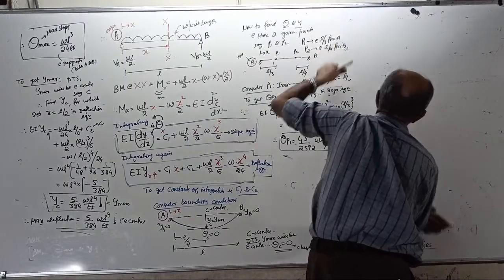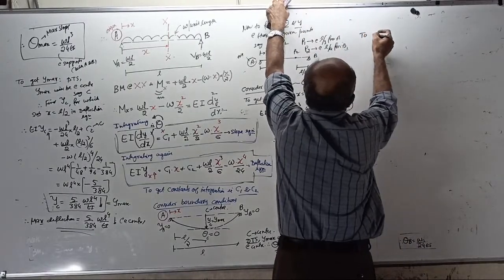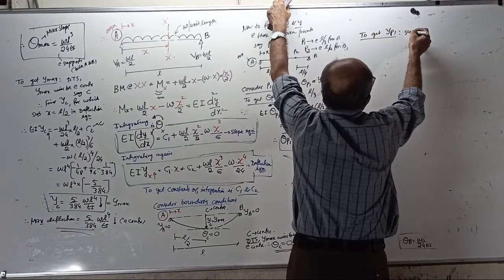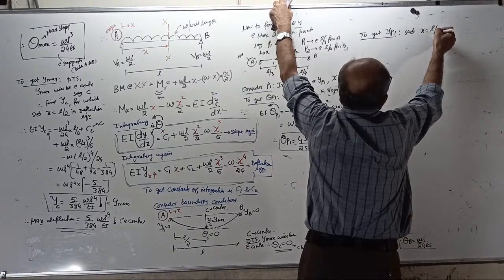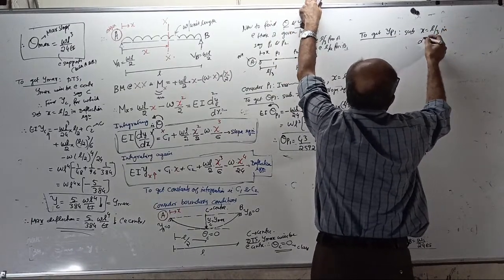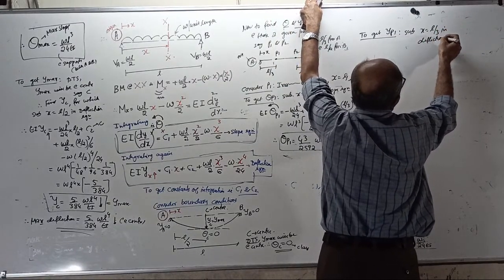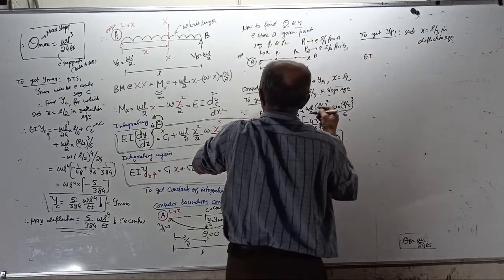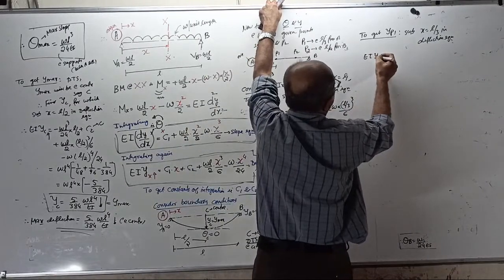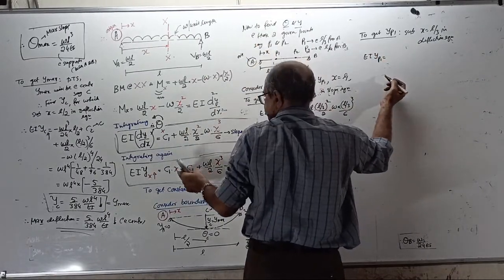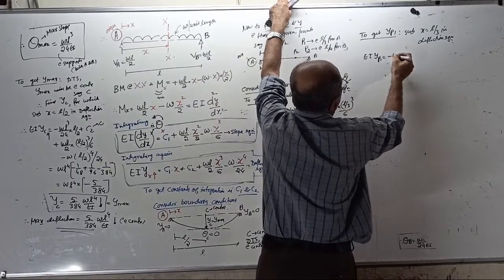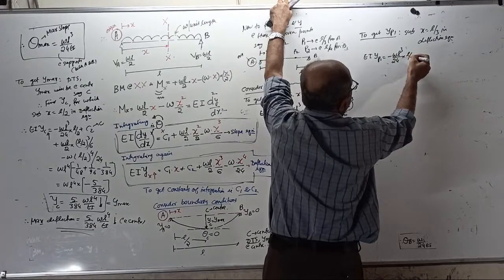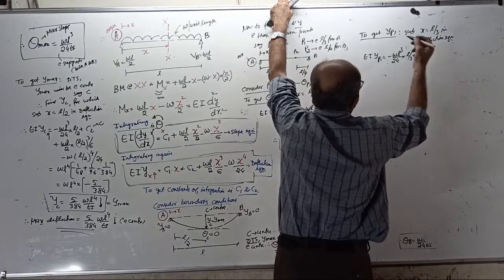Okay, now, to get deflection at P1, what do you do? Substitute x equal to L by 3 in the deflection equation. Start. EI deflection equation: Y at the point P1 equals C1 into x, where C1 is minus WL cube by 24, into L by 3, plus C2 which is already 0.